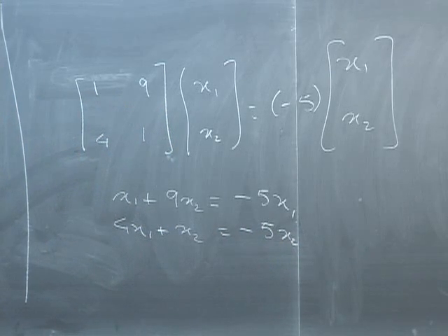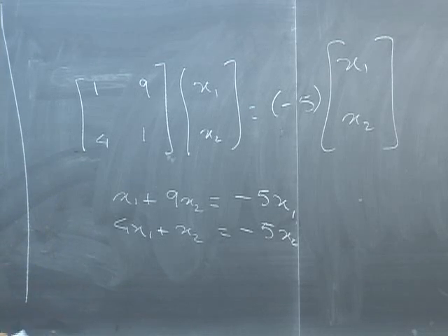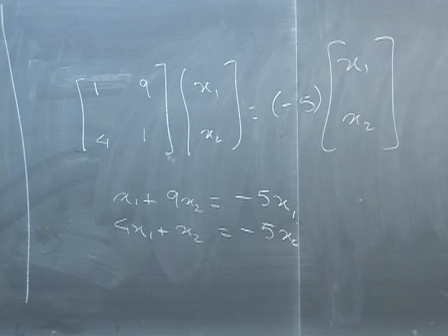So what you'll find, whenever you do this kind of computation, is that you have what looks like two equations, but there's actually only one. It's always going to be the case that one of them is a linear combination, or a scalar multiple, of the other.